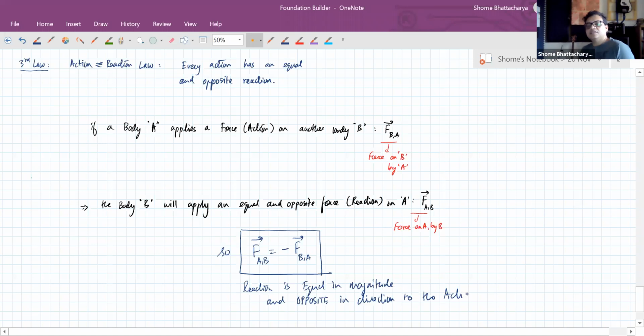And every action has a reaction which follows the principle. So you can see that the magnitude of this reaction force is equal to the magnitude of the action force.